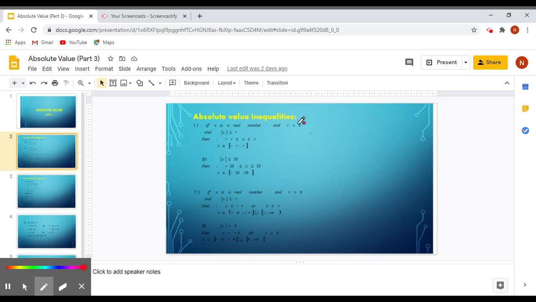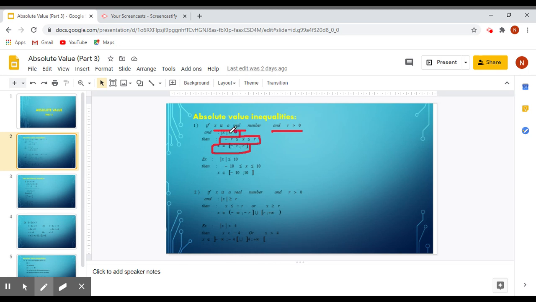Okay, so first, if x is a real number and r is positive, and the absolute value of x is less than or equal to r, this means that x is between minus r and r, and x belongs to the closed interval minus r, r.